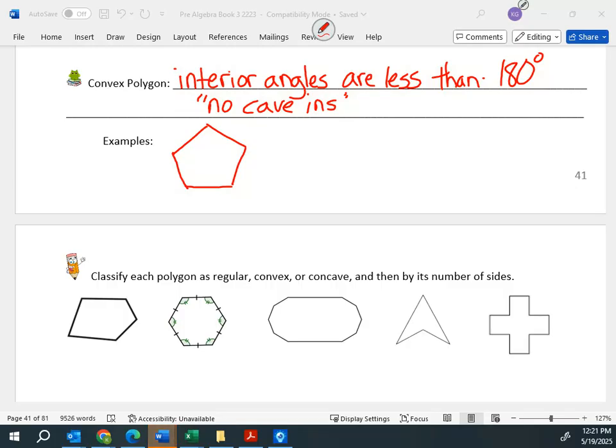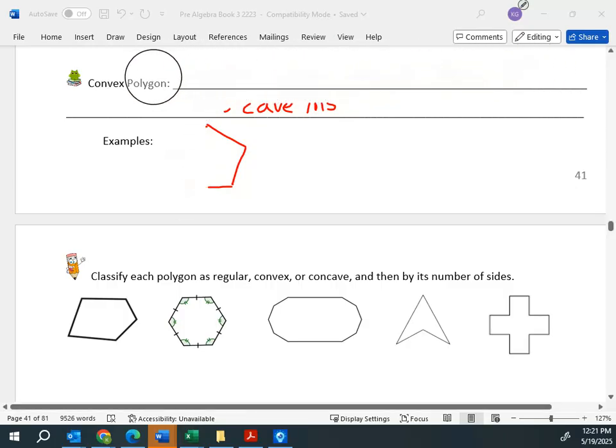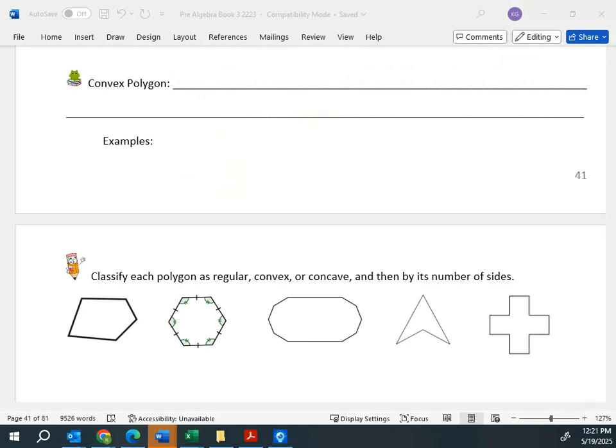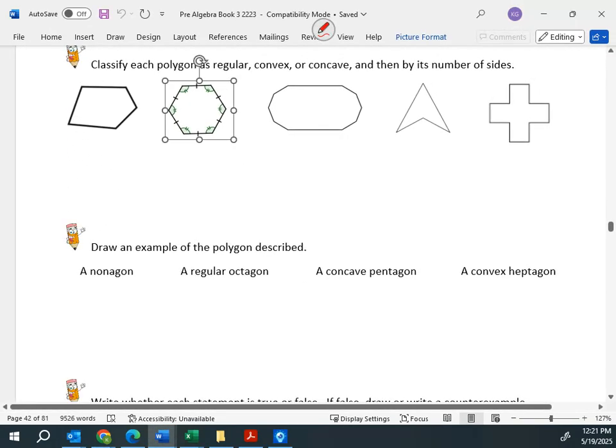Any questions on those? Okay. Let's look at our homework page. It says to classify each polygon as regular, convex, or concave, and then by its number of sides.